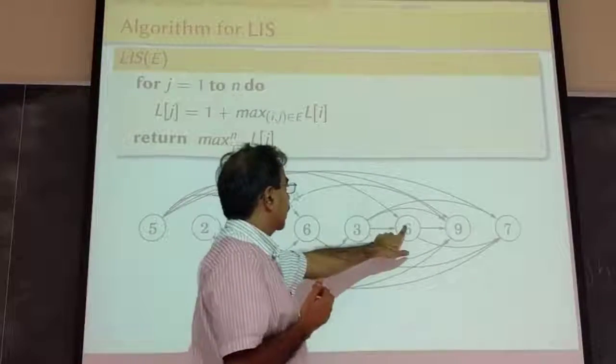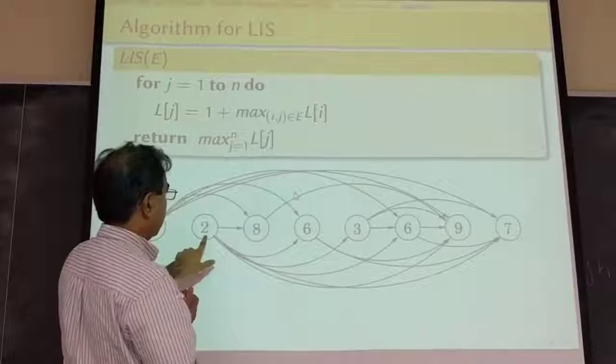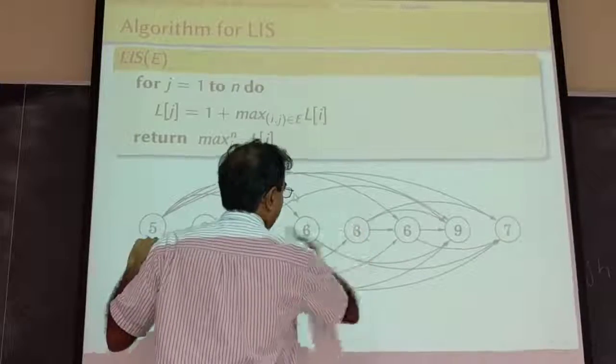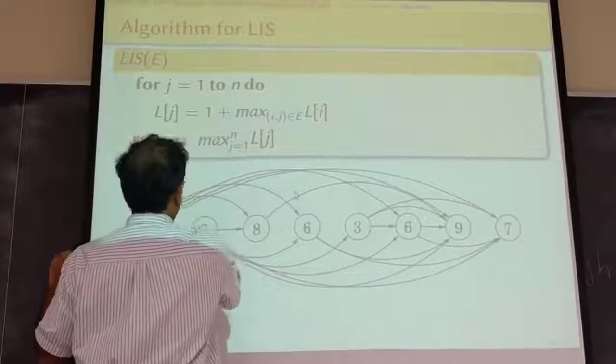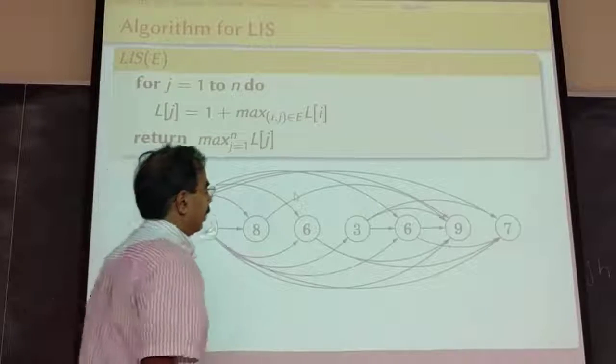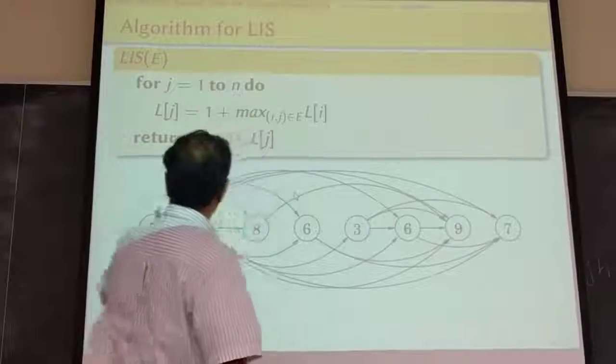So for instance, 6 has how many predecessors? It's got 1, 2, and 3.